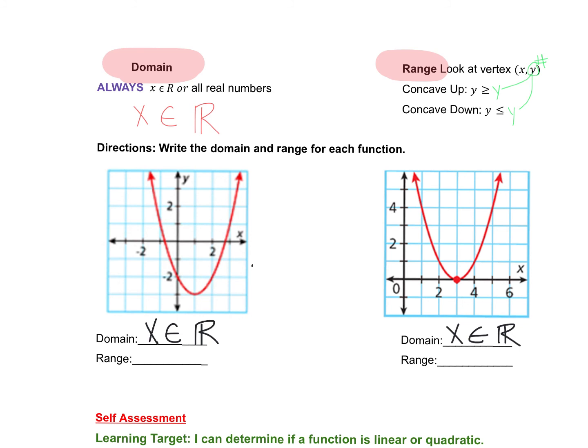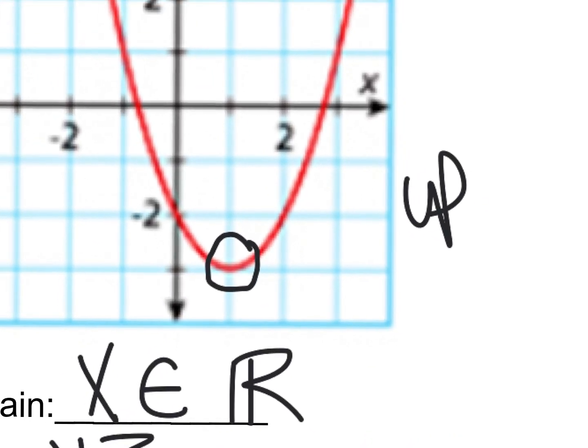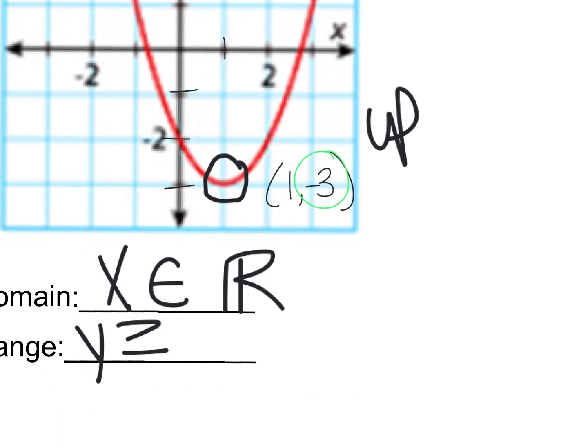This first one is concave up, so I know it's going to be y is greater than or equal to, and I'm going to look at the vertex. My vertex is right here, and it goes over 1, and then it went down 1, 2, 3. So based on that, this -3 is the number I'm going to use.